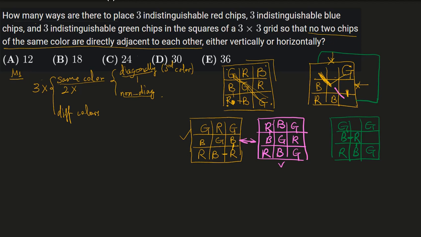And then how do we place the last red? That has to be adjacent to this center red. Therefore, we know that this scenario is impossible. So for the second subcase, we only have two possible ways to place all of the rest chips.